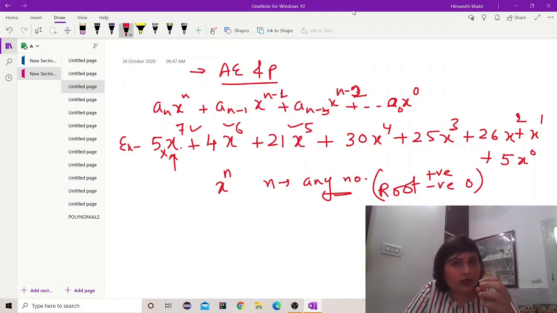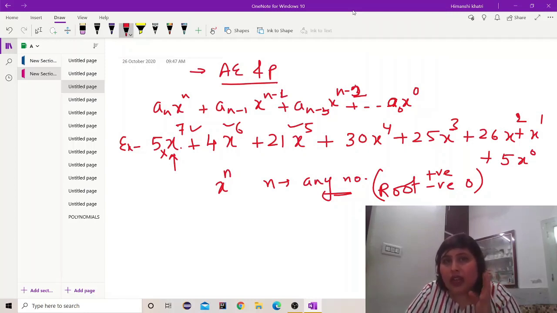But here comes the difference between algebraic expression and polynomial: in an algebraic expression we can take any power for a variable, but in a polynomial we can take only positive integers and 0. Or in easy language, all the natural numbers can be used as a power for a variable in a polynomial.